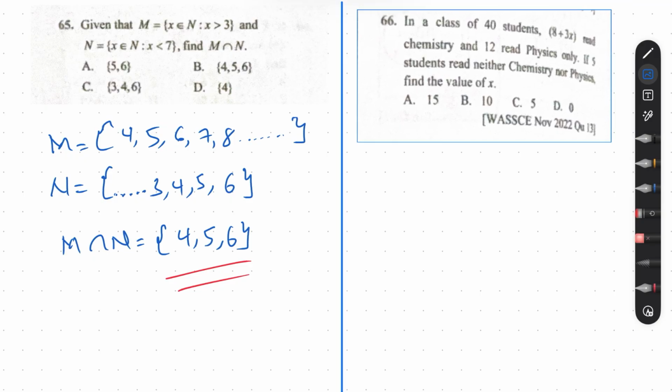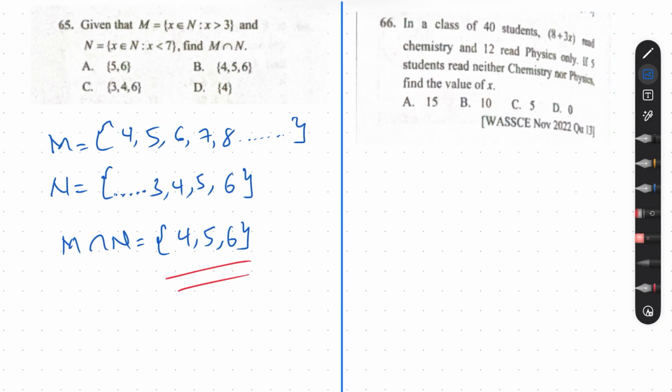Question number 66. It says, in a class of 40 students, 8 plus 3x read chemistry and 12 read physics only. If 5 students read neither chemistry nor physics, find the value of x. So let's draw a simple Venn diagram.